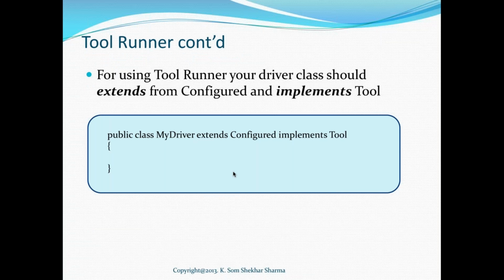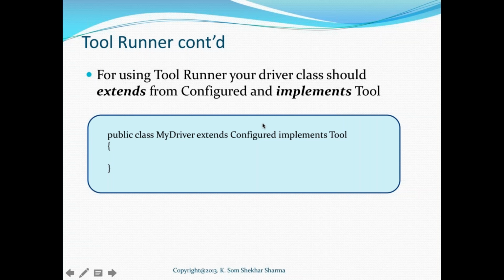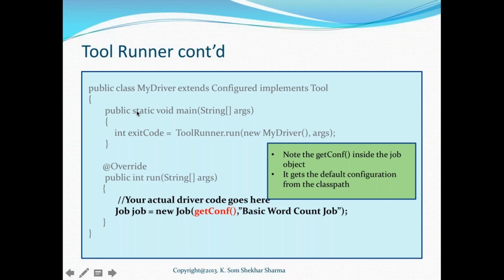Regarding the Configured class, it provides a getConf method, which reads the configurations from the machine. Of course, you will be running your job from a machine where the client libraries are installed.